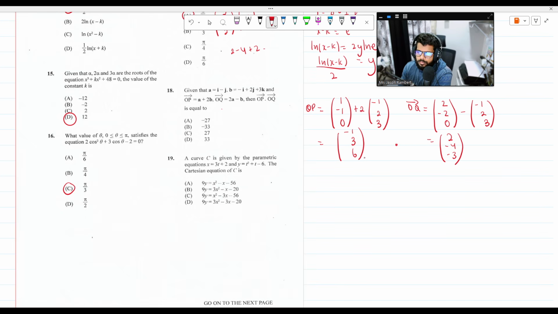So when I dot these two, minus 1 by 3 is minus 3. Sorry for the first entry here, I made a mistake. Minus 12, minus 6 by 3 is minus 18. Minus 33.